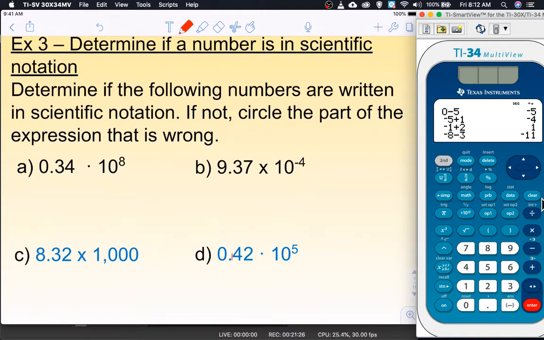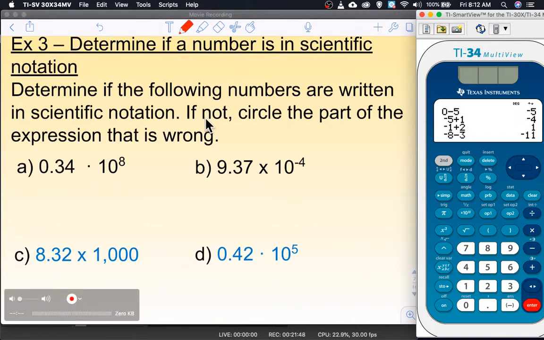Okay, so now we've been able to do a bunch of converting, and we're going to take a little break from converting. We'll be back to it in the next example. But in this skill, we want to be able to figure out if the number we're looking at is scientific notation. That's it. We just want to know, is the thing I'm looking at scientific notation, yes or no?